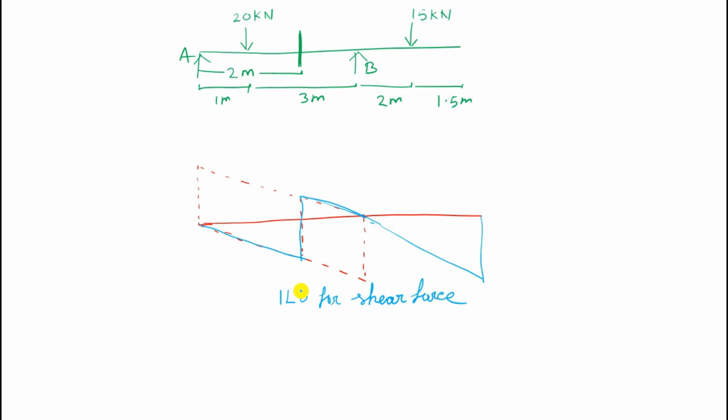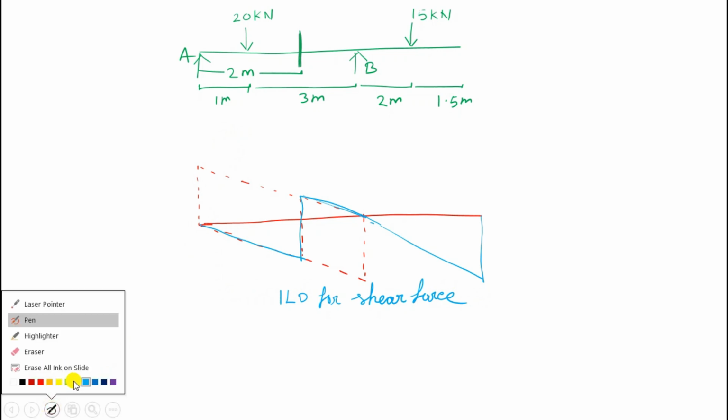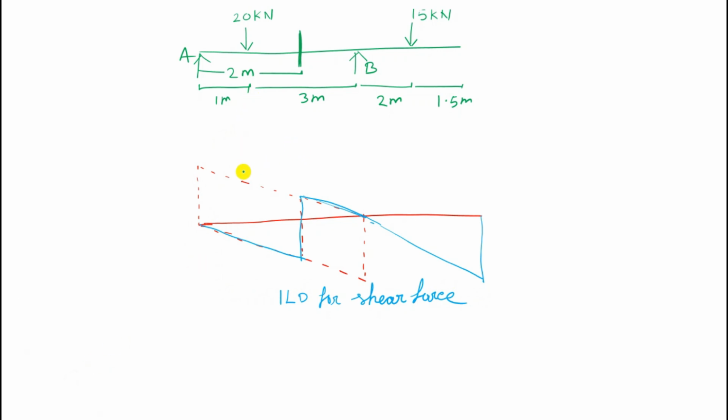Now you draw one vertical line below the 20 kilonewton load and one vertical line below the 15 kilonewton load. So suppose this is Y5 and this is Y6.